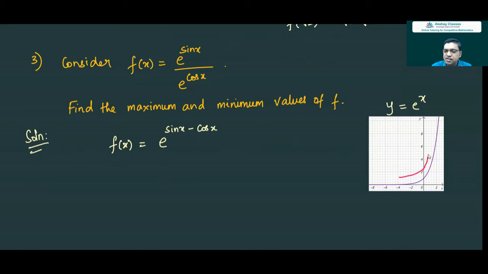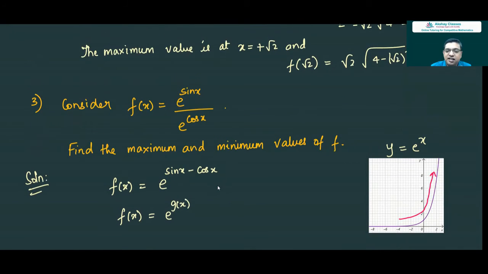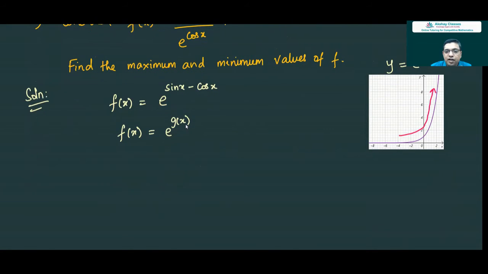So, as x increases, e power x increases. So here instead of x, we have another function sin x minus cos x. So we can treat this as e power g of x. And since e is an increasing function, we just have to find the greatest value of g and the least value of g, as e power x is strictly increasing.